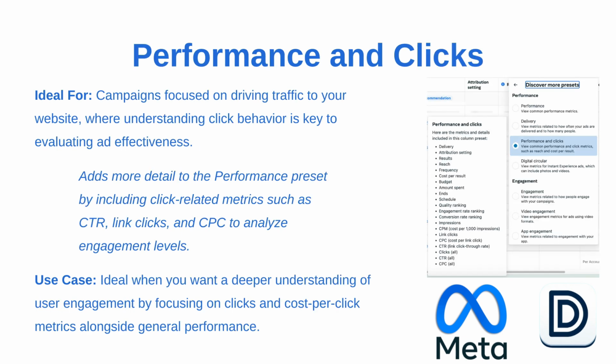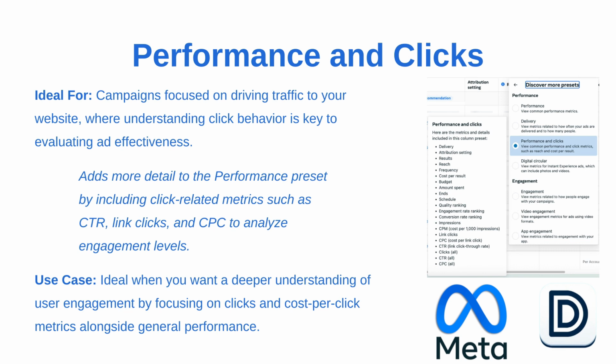Next, we have the performance and clicks preset. This is ideal for campaigns focused on driving traffic to your website, where understanding click behavior is key to evaluating ad effectiveness. The performance and clicks preset adds more detail to the performance preset by including click-based metrics such as CTR, click-through rate, link clicks, and CPC, or cost per click, to analyze engagement levels.